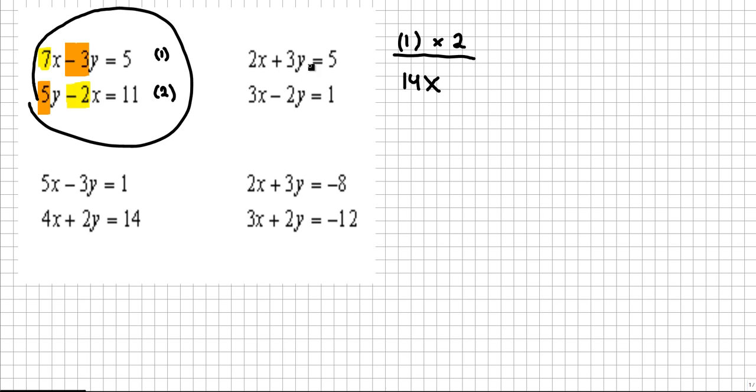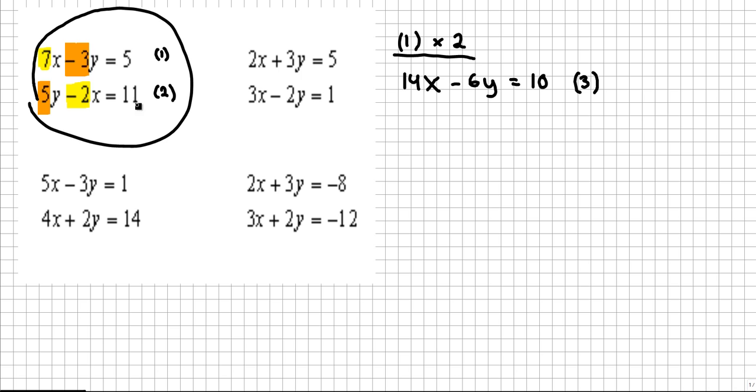Minus 3 times 2 is minus 6y is equal to, and 5 times 2 is 10. Now we have another equation here. It's a little bit different, so let's name that 3.